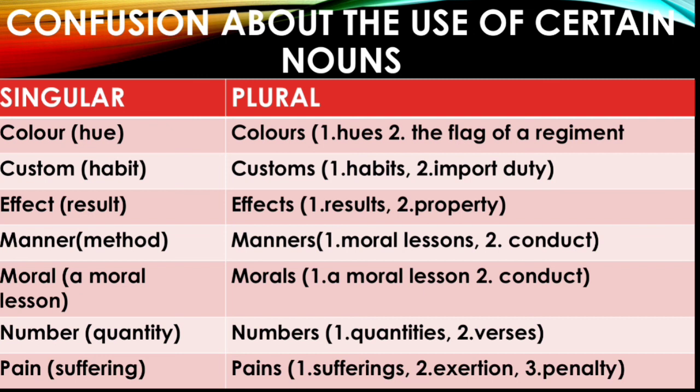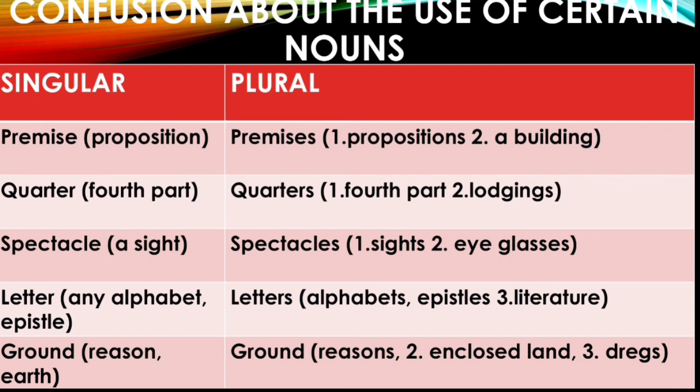Moral, a moral lesson; morals, a moral lesson, and conduct. Number is a quantity; numbers, quantities, and verses. Pain, suffering; pains, sufferings, exertion, penalty. It has three different meanings. So when it is plural, there are various meanings attached to it.